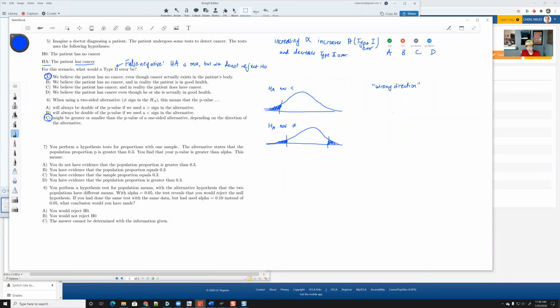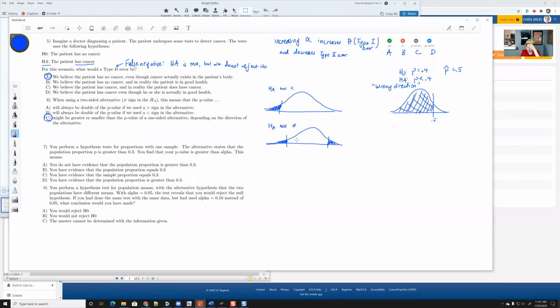In that case, if you have an alternative hypothesis in the wrong direction, like let's say your null is p equal to 0.4, and the alternative is that p is less than 0.4, but then your p hat comes in at 0.5. 0.5 is higher than 0.4, and because your alternative has a less than sign, you're going to take everything over here.